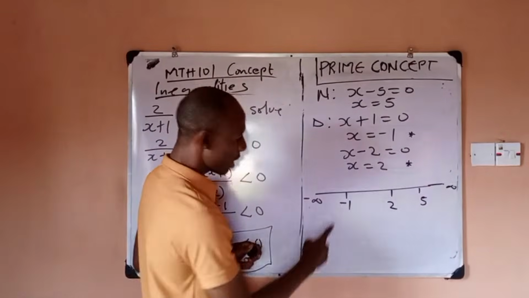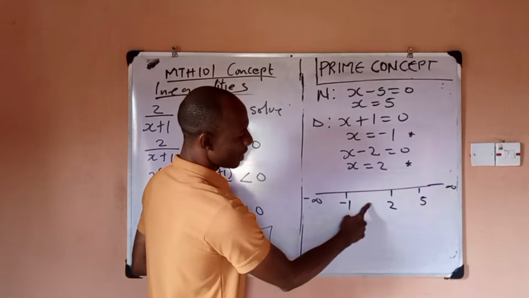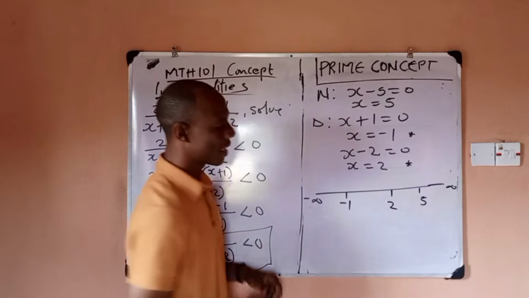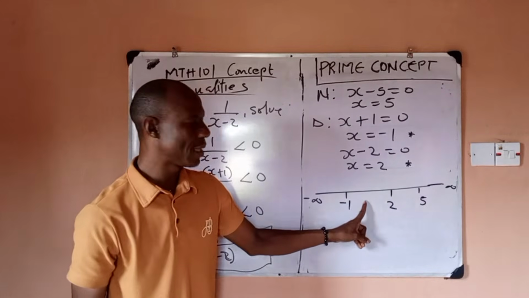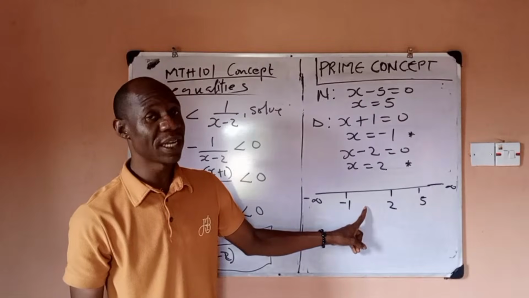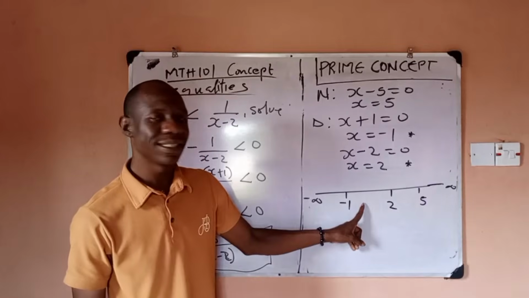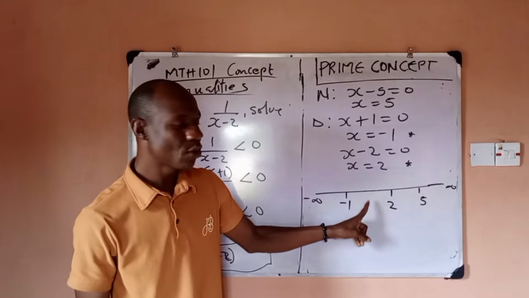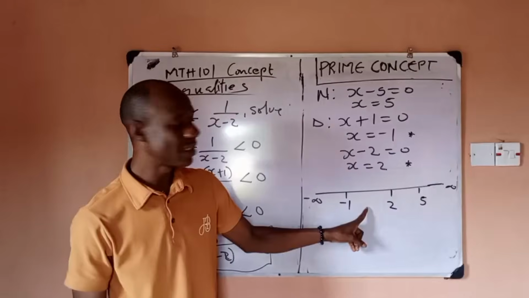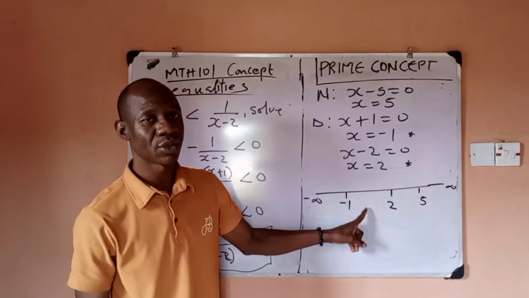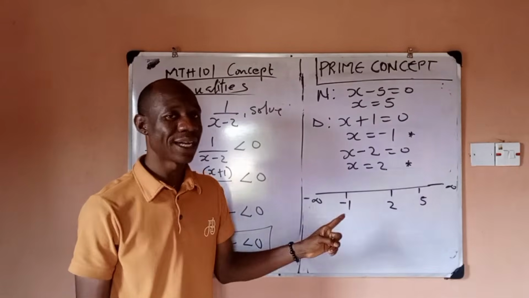So now, can somebody tell me a number in this interval? In fact, what is the simplest number you can find in this interval? The simplest. You are correct. In this place, you're going to find 0. You're going to find 1. 0 and 1, you will find them here, and the simplest is 0. So I will use 0. You can use 1.